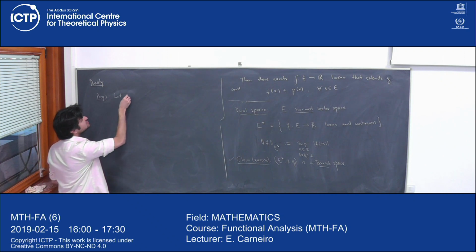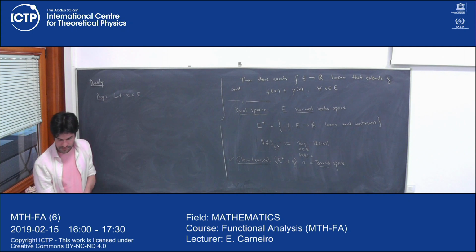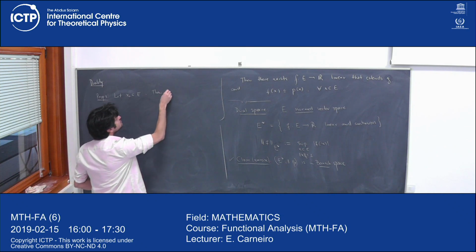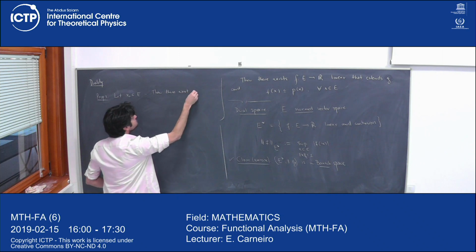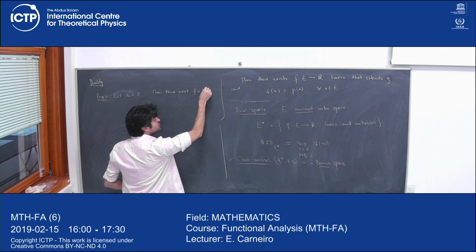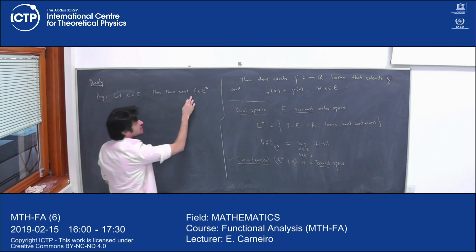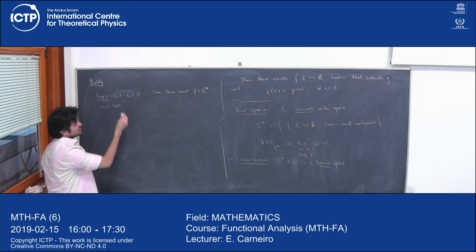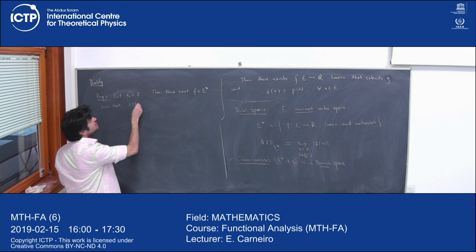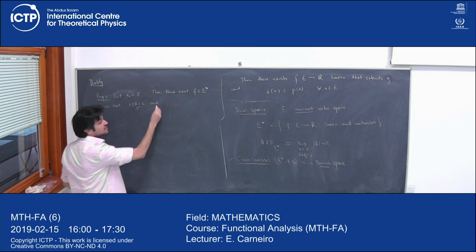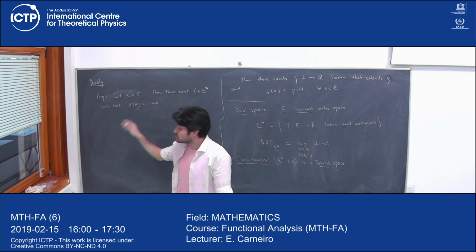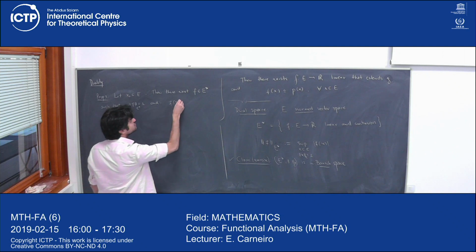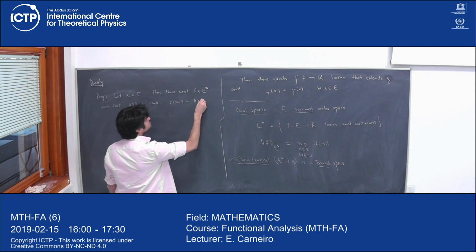Let x0 be a vector in E. Then there exists an element f in E star, a functional, such that the norm of f is 1, and this norm is actually attained at the point x0 that I gave you at the beginning. So f of x0 is the norm of x0.